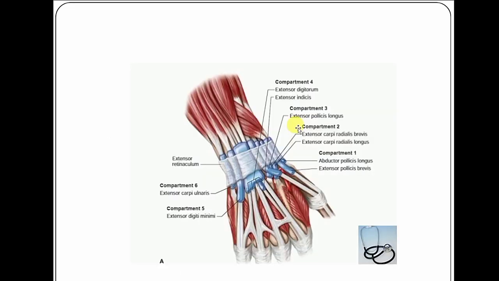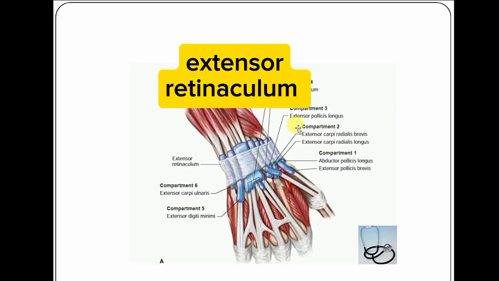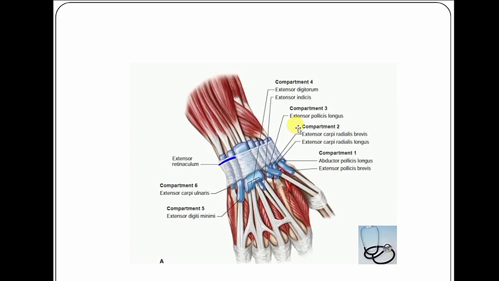Now another region of the wrist is the extensor retinaculum. This extensor retinaculum is a thickening of deep fascia that stretches across the back of the wrist and holds these long tendons in their respective position.